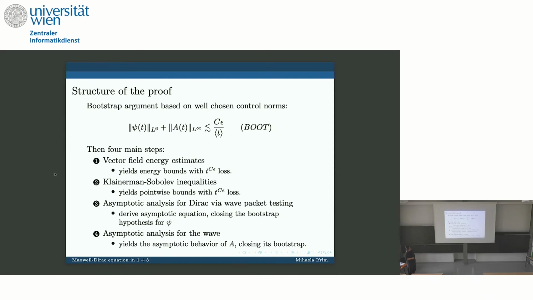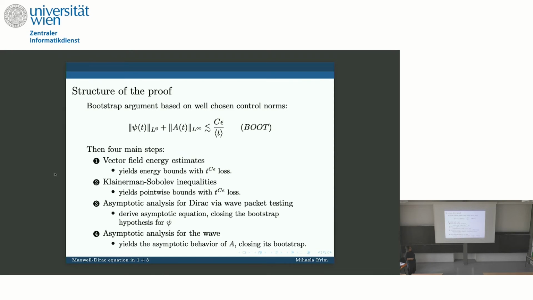And then we go forward and we prove the asymptotic analysis first for Dirac. And to compensate for this loss, we need to be more precise. So we'll need a wave packets testing to actually derive the asymptotic for the Dirac. And by deriving it, we're actually going to close the bootstrap hypothesis that you've seen in here. And then once we've done the Dirac asymptotic analysis, it's easier to go and do the wave, and not the other way around, the wave first and the Dirac after.